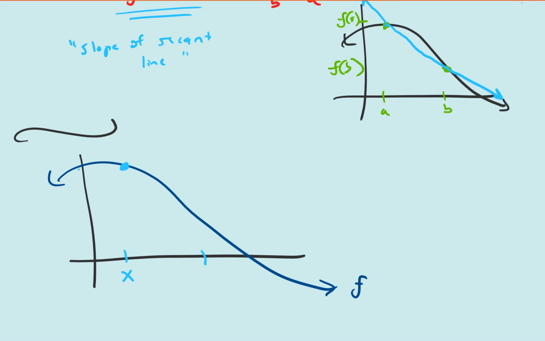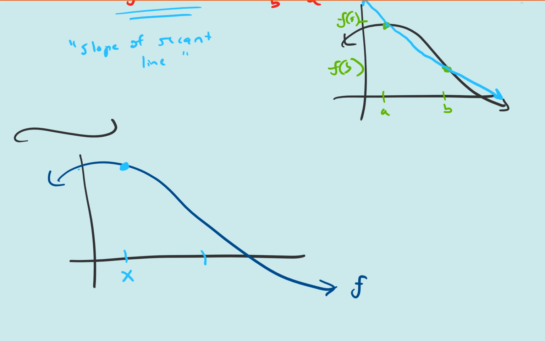And let us assume that this next point is going to be h distance in front or behind of x. So for example, if this x is 5 and h is 2, then this next point is 7. But in general, if that distance is h, then this point is going to be x plus h.